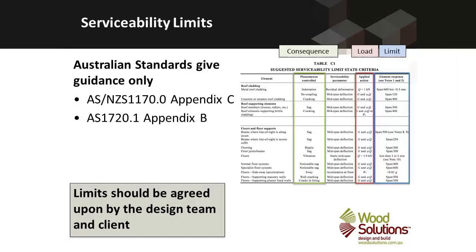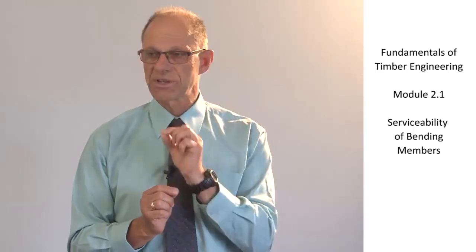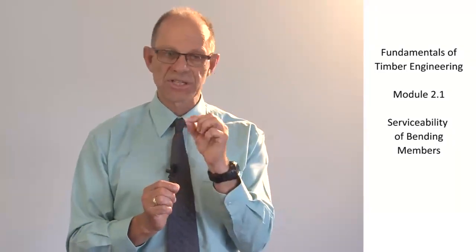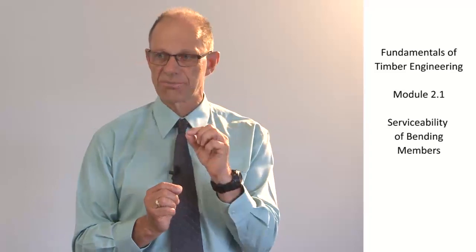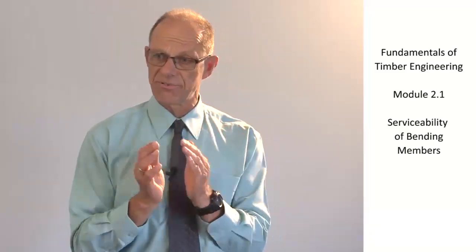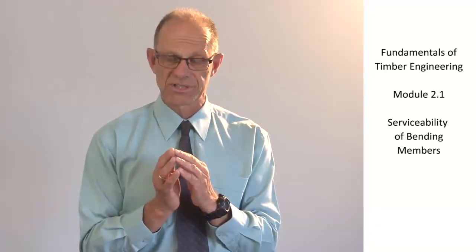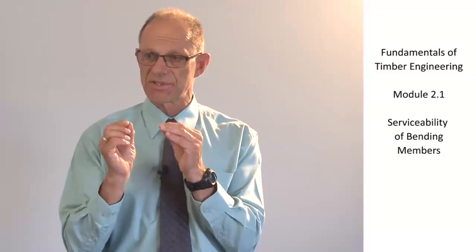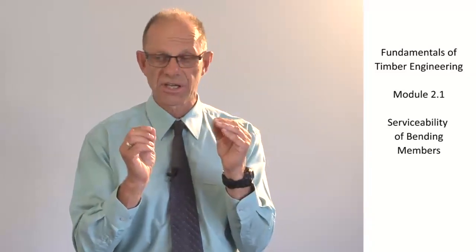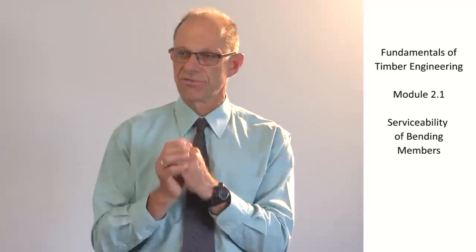Now, the Australian standard gives us guidance on checking serviceability. There are no hard and fast serviceability limits. Limits are agreed with the client. Some buildings will have really tight serviceability limits and others will have fairly generous ones. In some cases, limits have to be tight because of the function of the building.